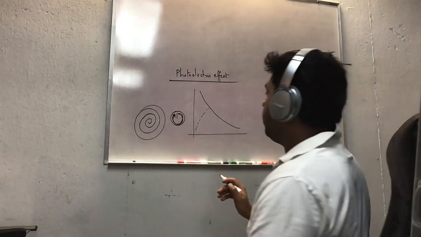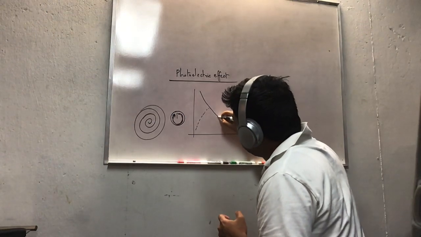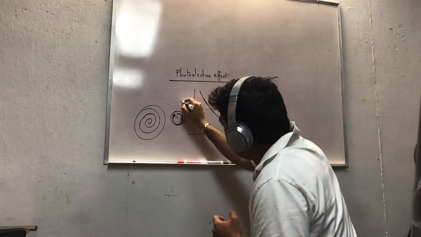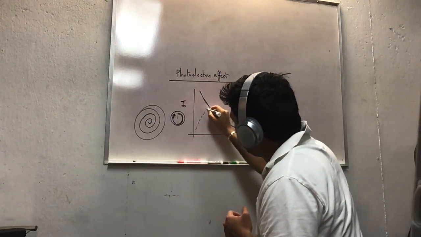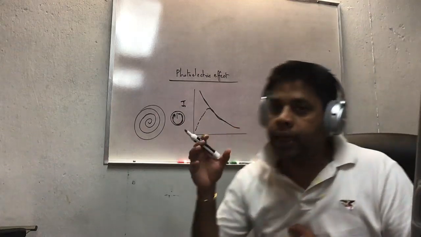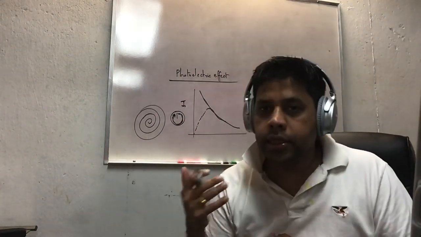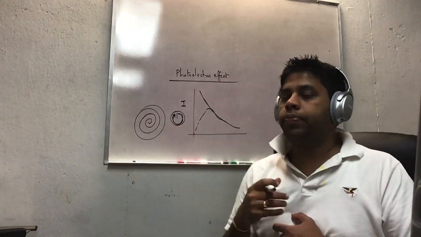So at that time, he thought, if the light were continuous, this is what I should have been expecting, the intensity of the light. But I didn't get that. I actually got to a point and then it just fell. Then he thought the light given out is not continuous, but in the form of packets called quantum or photons.